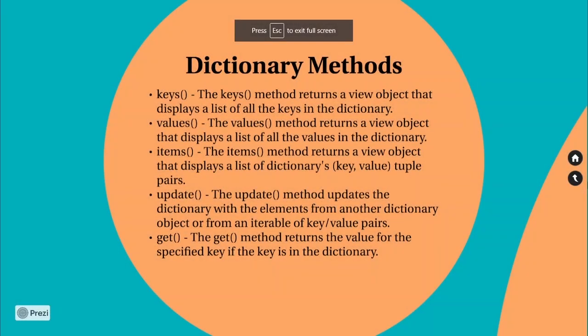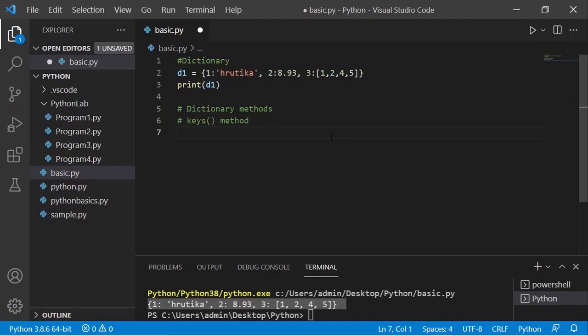So now we will see different dictionary methods which include keys, values, items, update and get. Now let's see dictionary methods. First is the keys method. Now the keys method returns a view object that displays a list of all the keys in the dictionary.